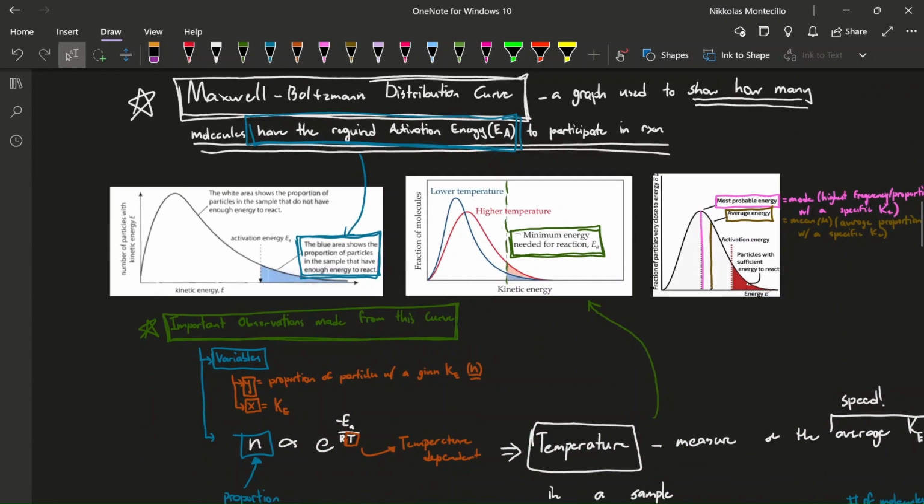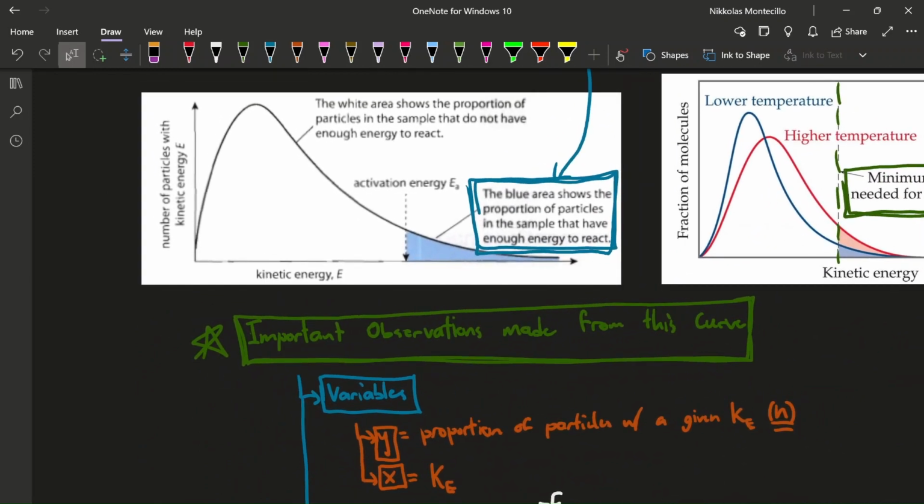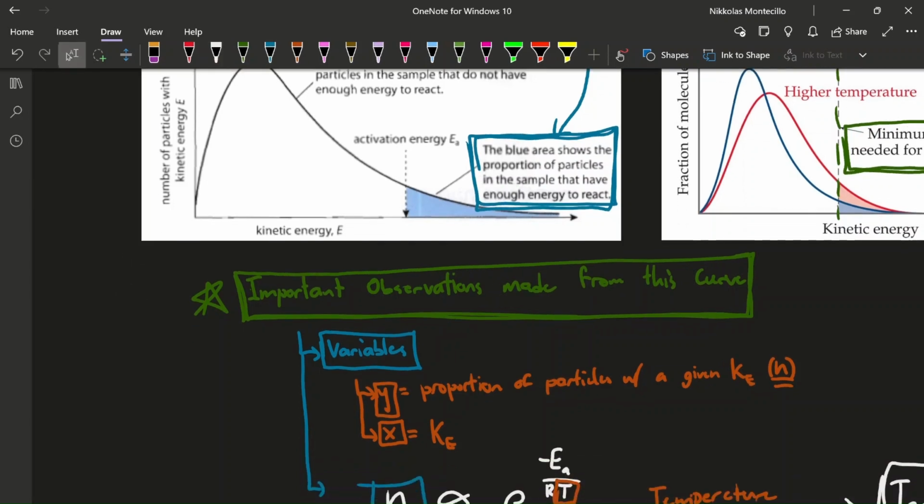So let's consider the variables here. The y variable refers to the proportion of particles with a specific kinetic energy, or KE, and we refer to this variable as n. x just refers to the kinetic energy.